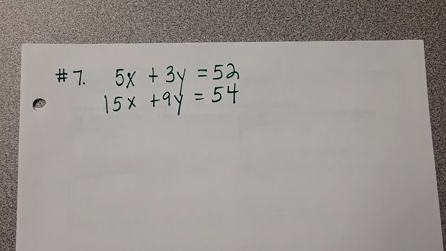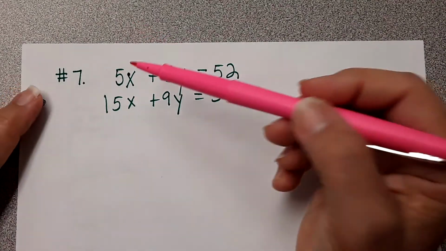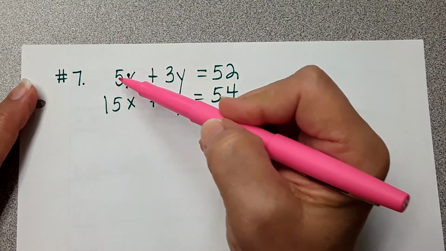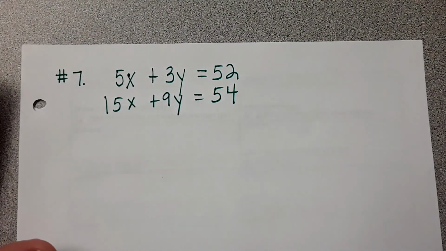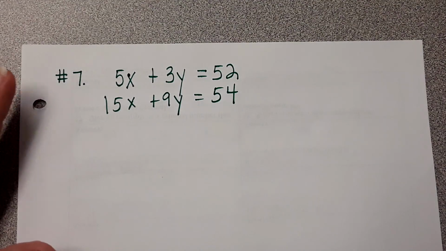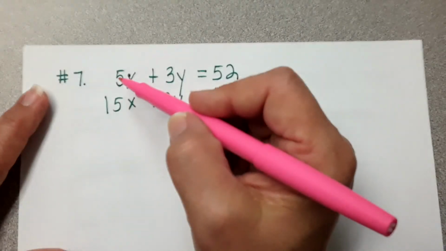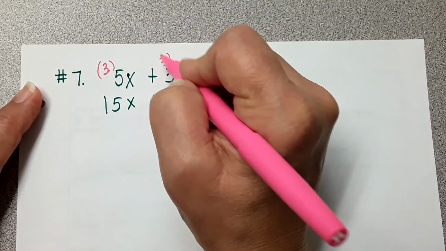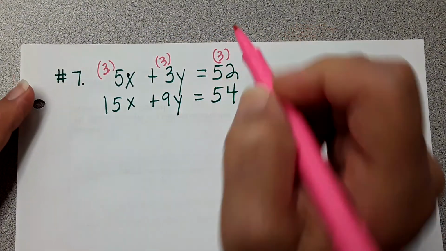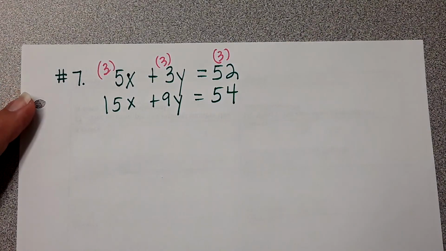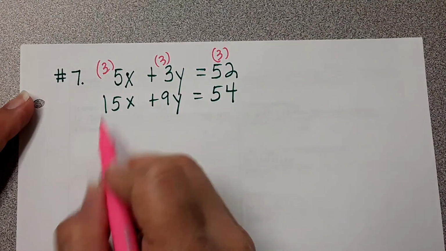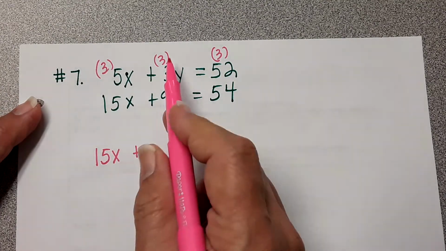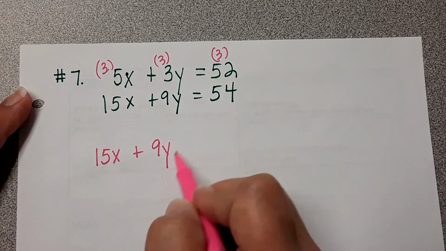So that means I'm only focused on the x's. I don't care about anything else. All I care about is how can I change a 5 into a 15? Multiply by 3. So in order to change the 5 into a 15, I'm going to multiply everything by 3. So my new equation is going to be in pink. 3 times 5 is 15x. 3 times 3 is 9y.